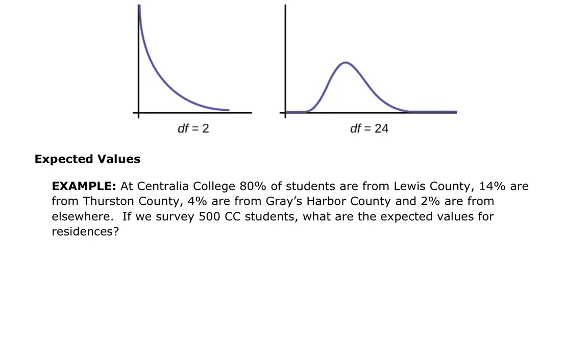what are the expected values for the residences of this sample? So of course, the expected value is we have 80%, so 80% equates to 0.8 multiplied by the number of students. So we would expect 400 to be from Lewis County. Now 14%, which is 0.14 multiplied by that 500.